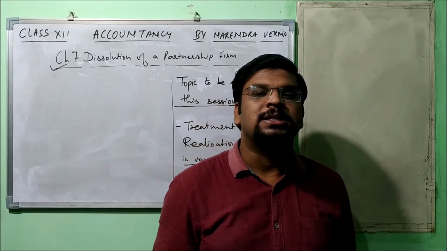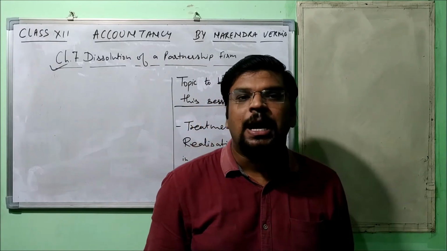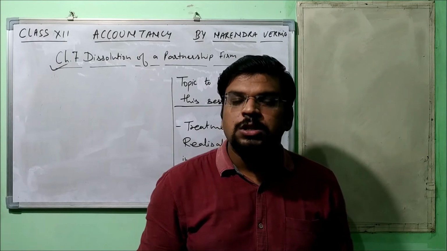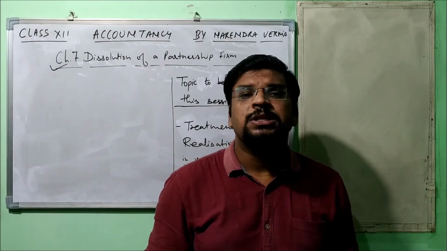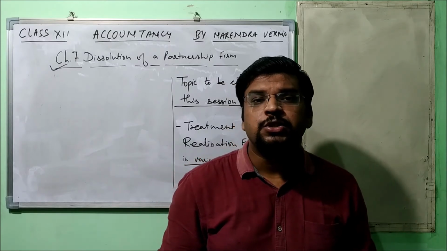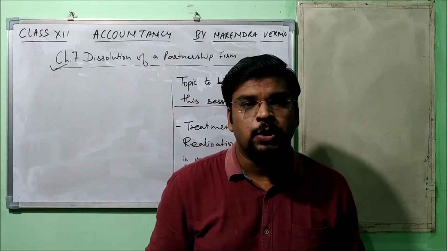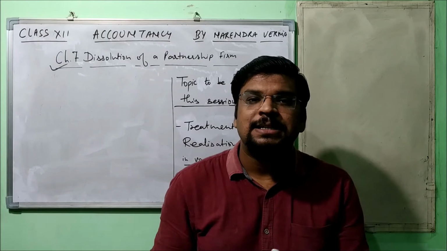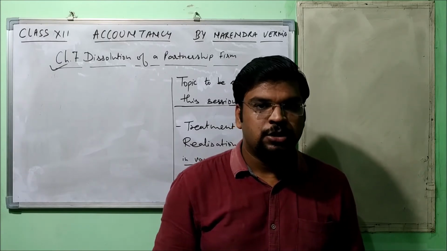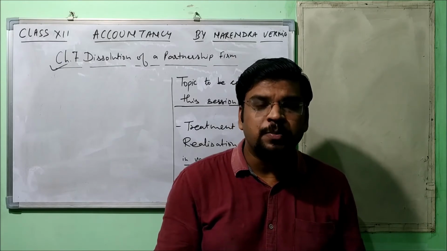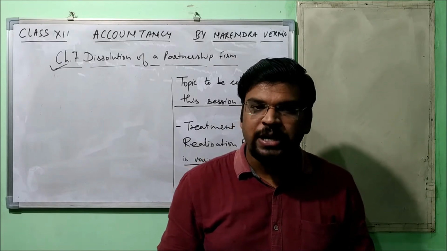One more time, I just inform you that when a firm is dissolved, there is a process which is known as the dissolution process. For that, assets are realized, meaning an auction is arranged so that interested people are invited.